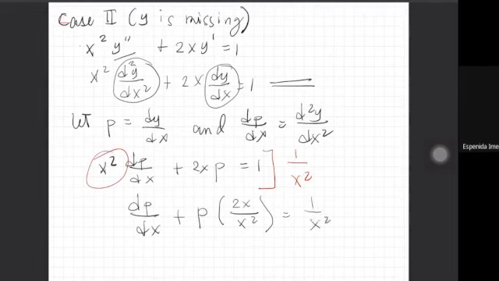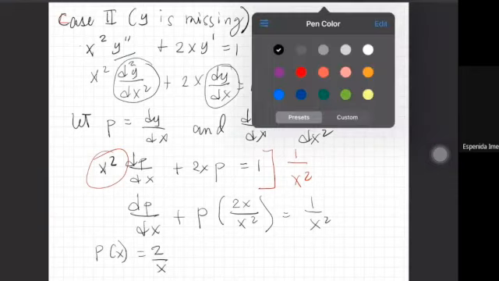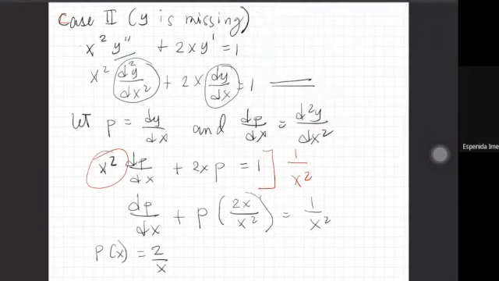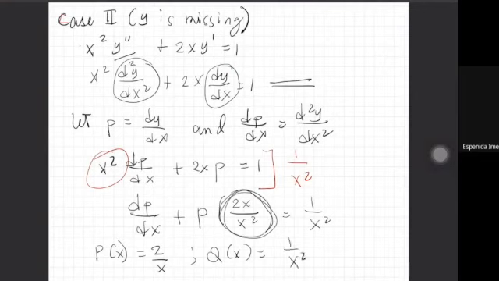So you can now identify that your P of x is actually equal to 2 over x. Okay, class? And your Q of x equals 1 over x squared.